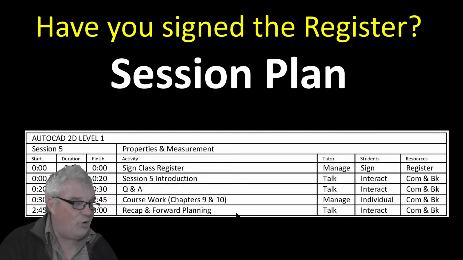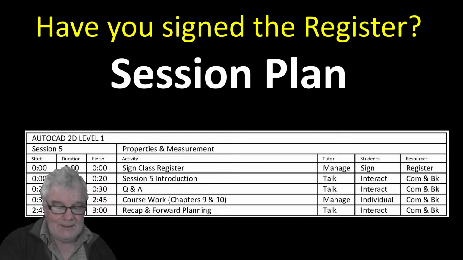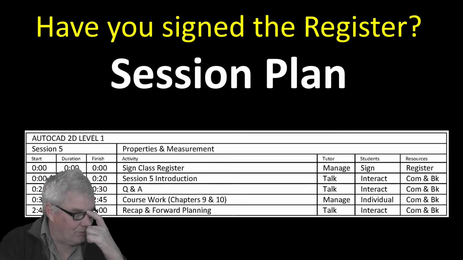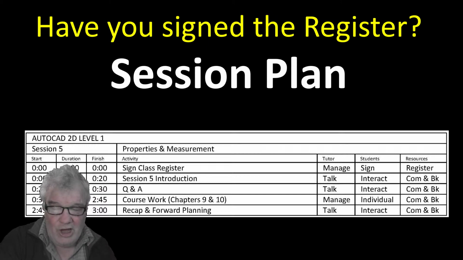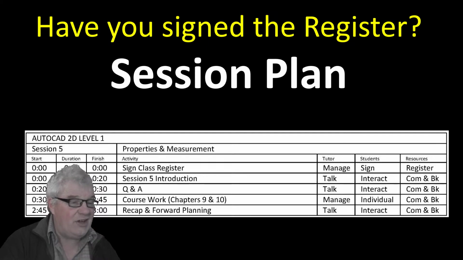And then just before we leave, recap and forward planning. I'll try to keep the sessions predictable so you know exactly what's going to happen and what the expectations are, but not always. I might do something out of the ordinary, who knows.